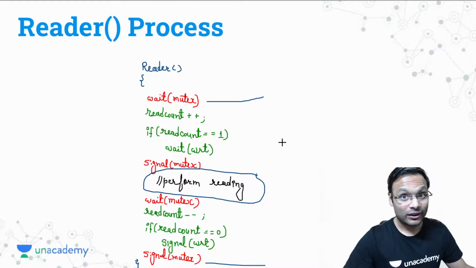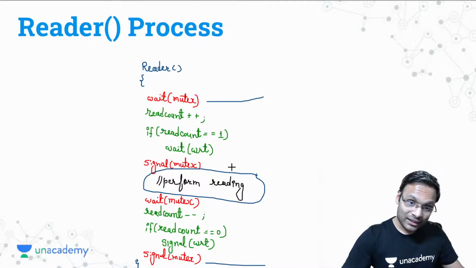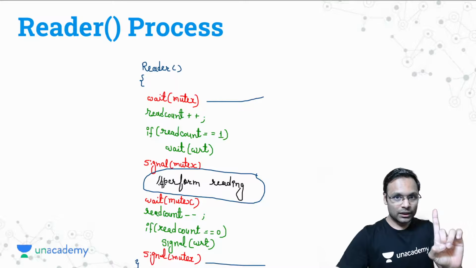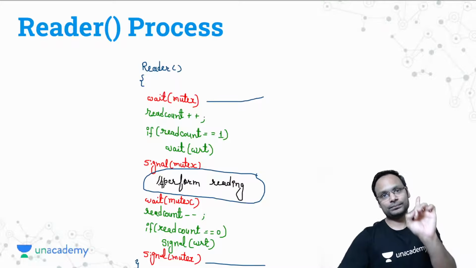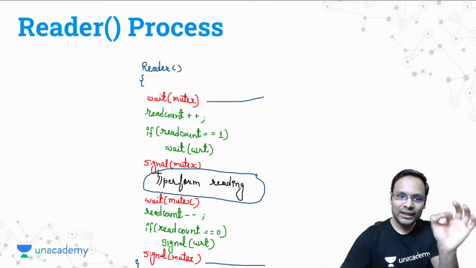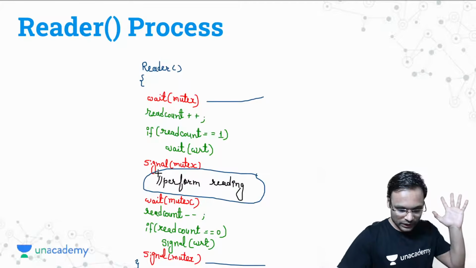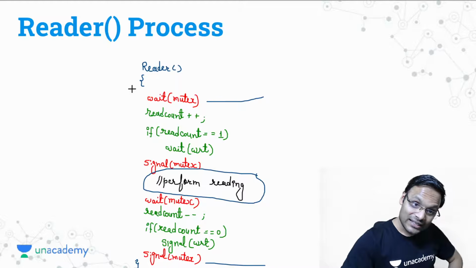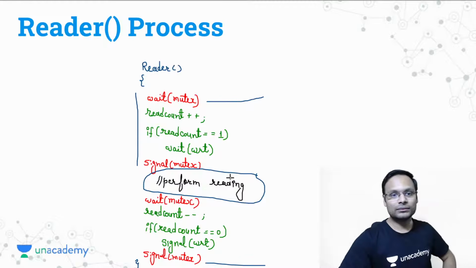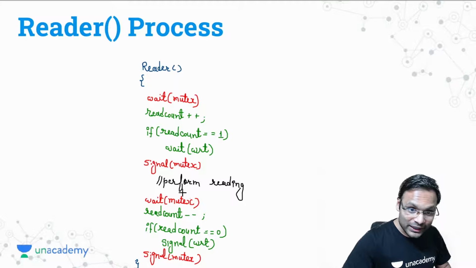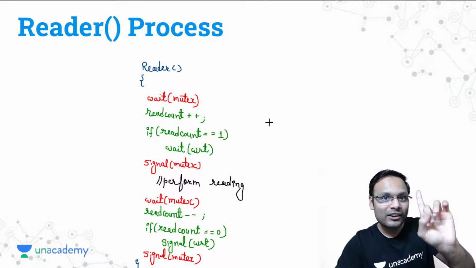Means when a reader is performing reading, mutex is 1. Wait mutex, signal mutex, reader is performing reading, mutex has become 1. If mutex is 1, another reader can enter here. If you write this perform reading also inside the wait and signal, then only one reader will be allowed.